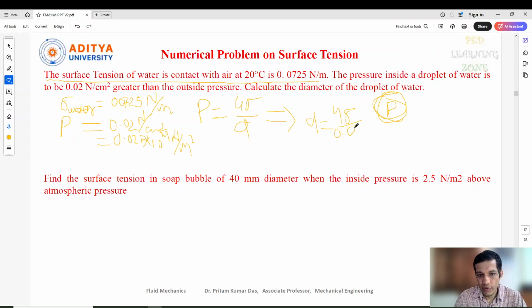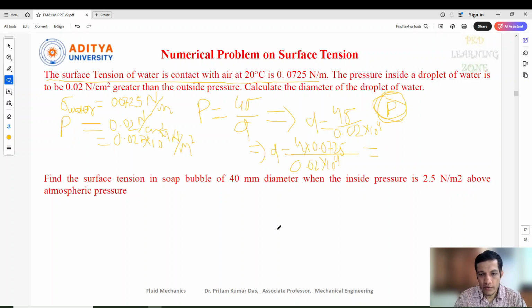Now we can write d equal to 4 sigma by p. The p value is 0.02 into 10 to the power 4, and the sigma value is 0.0725. So d equal to 4 into 0.0725 divided by 0.02 into 10 to the power 4.